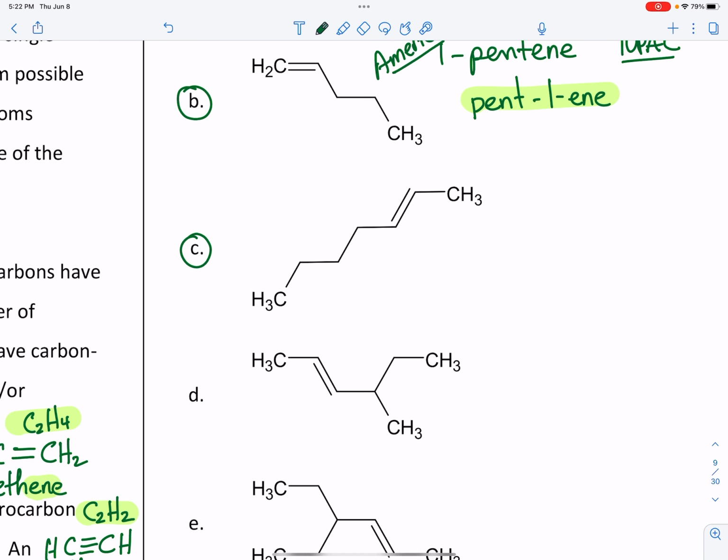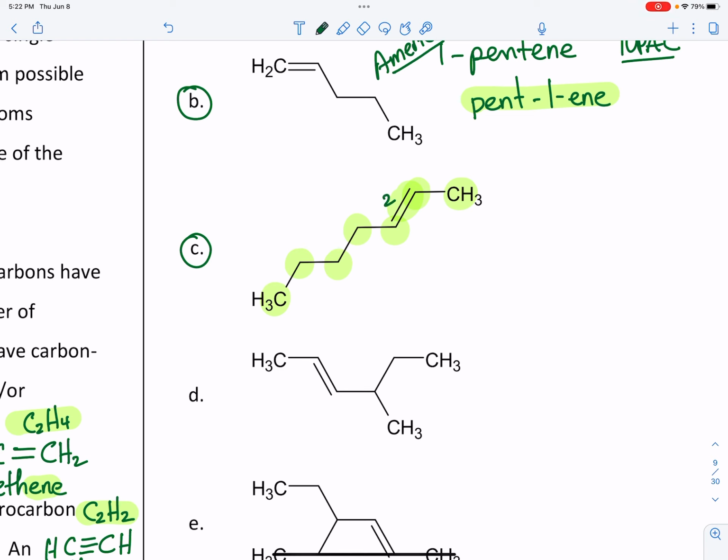Look at the third molecule. We see a double bond in it, which tells us this is an alkene. We don't see any branches, so just count your carbons. There's 1, 2, 3, 4, 5, 6, 7 carbons. We're going to count from the right-hand side because that's closer to the double bond, and we notice the second bond is the double bond.